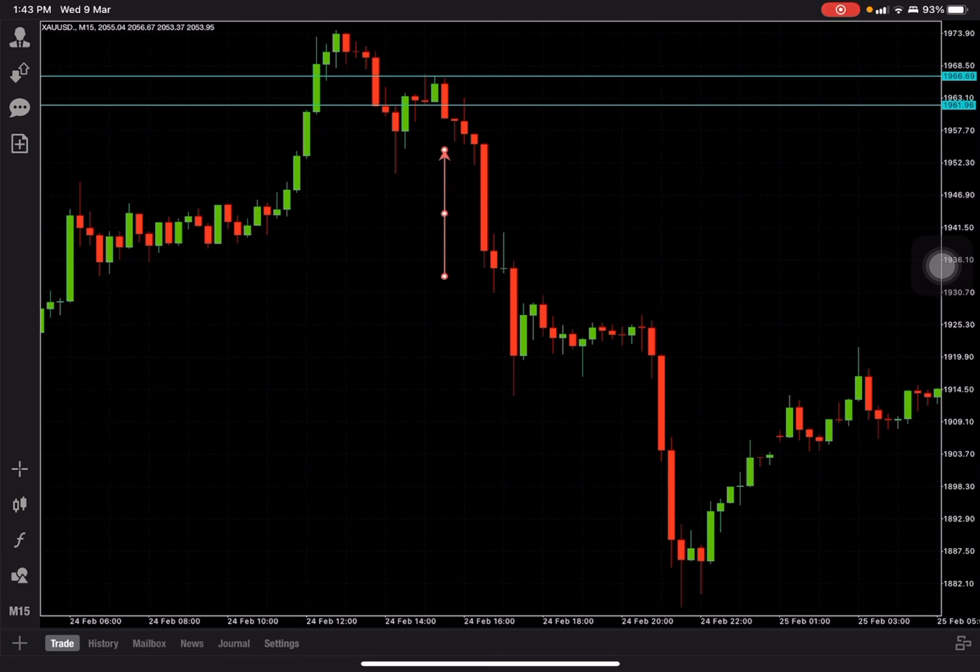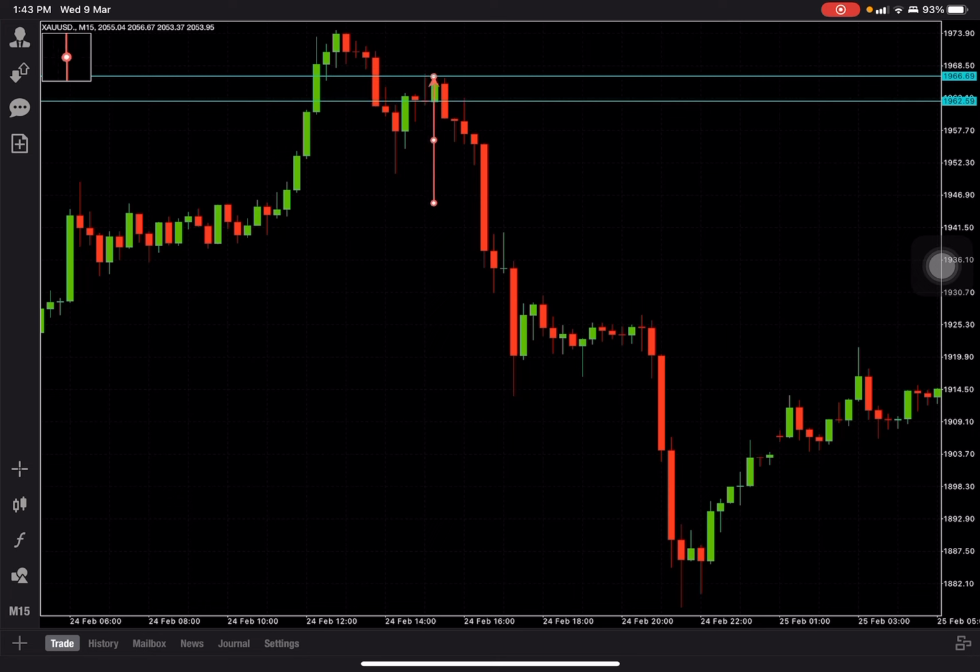Okay, you already identified this is a valid resistance. Why do I say it's a valid resistance? Because price broke here and came back here and suddenly dropped a massive drop of 800 pips, meaning here is a valid resistance. And then we must wait for the price to come back here to sell, right?